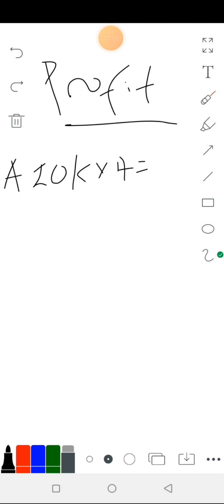This is 17, it's not an H. Let me just try to rewrite it. Okay, 17. $17 per unit, that was the throughput.